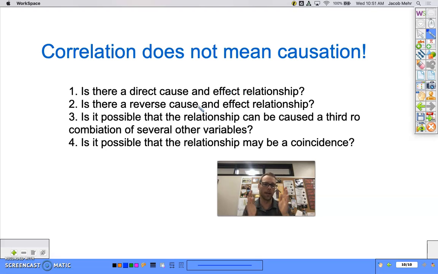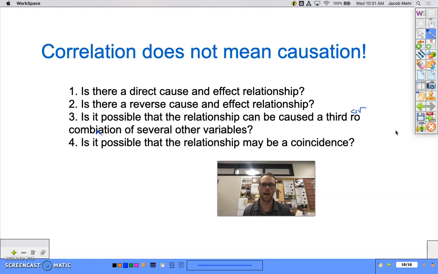However, it's also possible that it could be a reverse cause and effect, that we thought this was the explanatory and this was the response, but it could be the other way around. It is possible that the relationship can be caused by a third, or a combination of several other variables.